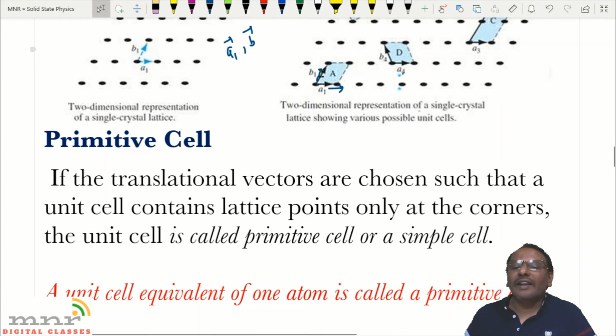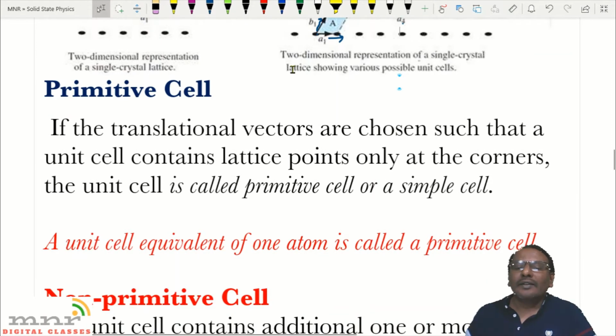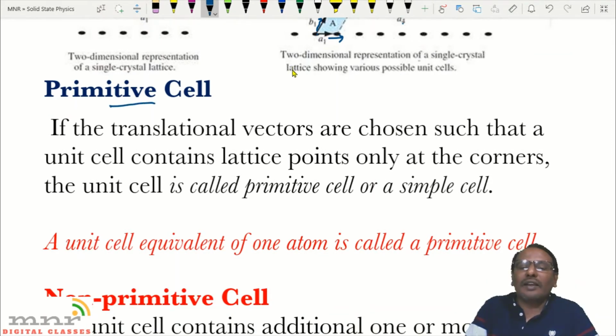Now with this idea of choosing a unit cell, let us define types of unit cell. First one is a primitive unit cell.